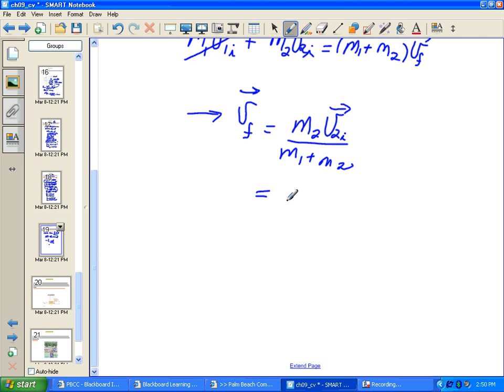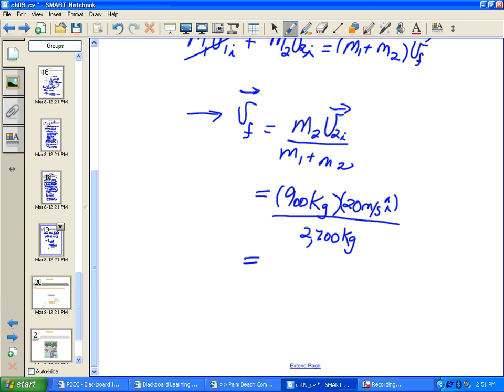And so let's write this down here. m2 is 900 kilograms, isn't it? So let's make sure we get this straight. m2 is 900 kilograms. v2 initial is 20 meters per second in the i-hat. This gives us, and m1 plus m2 is 2,700 kilograms.